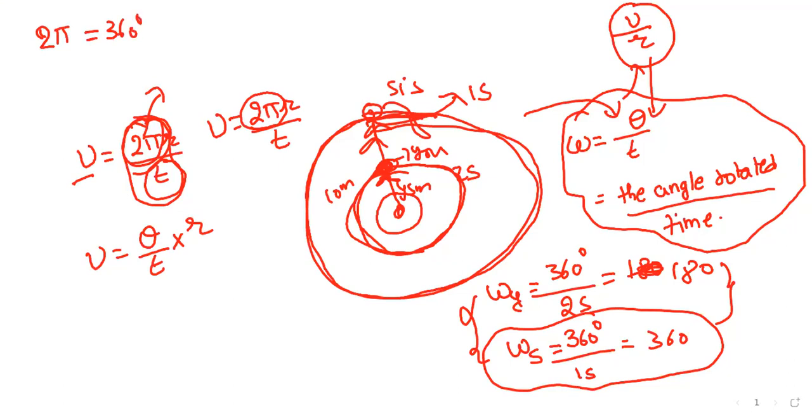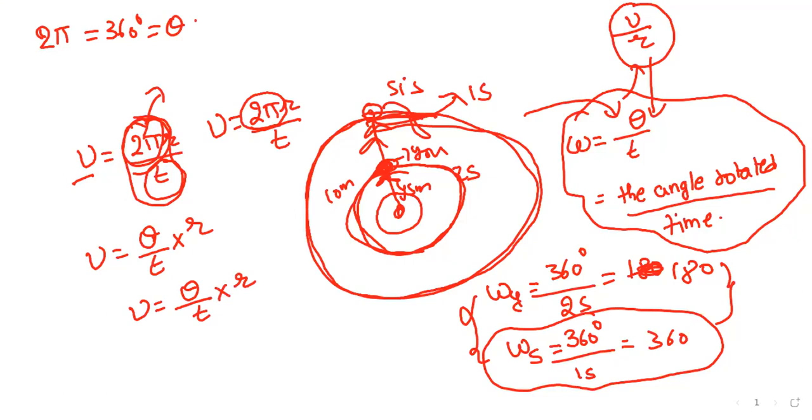So this is theta upon t times r. So v equals theta over t times r.